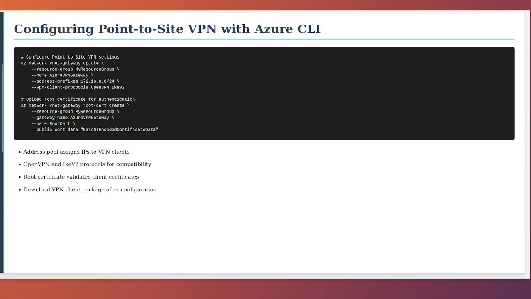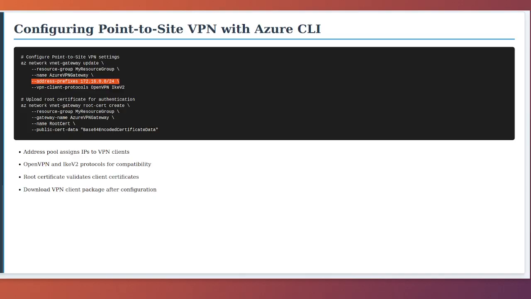The address prefixes parameter is extremely important as it defines the IP address range that will be assigned to VPN clients when they connect. In this example, 172.16.0.0/24 provides 254 usable IP addresses for clients. This range must not overlap with your VNet address space or any connected networks to avoid routing conflicts.